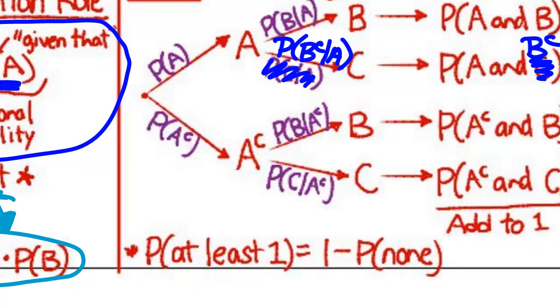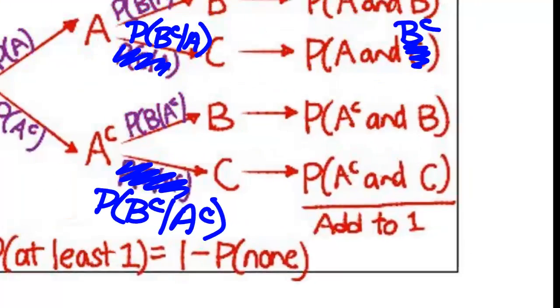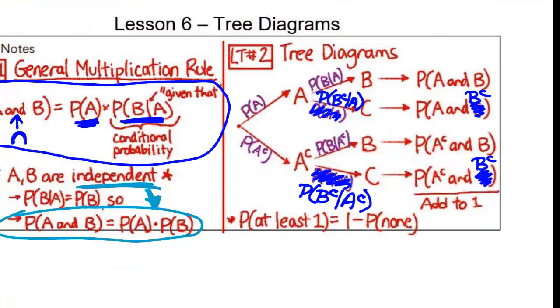This is, it doesn't rain. Down here, probability of B given A complement. Probability of B complement given A complement. I just don't like the way they wrote that.